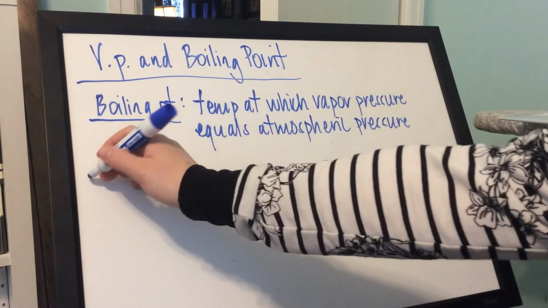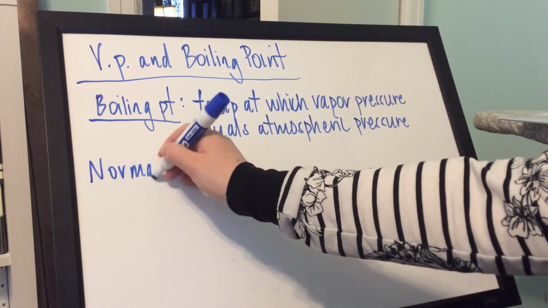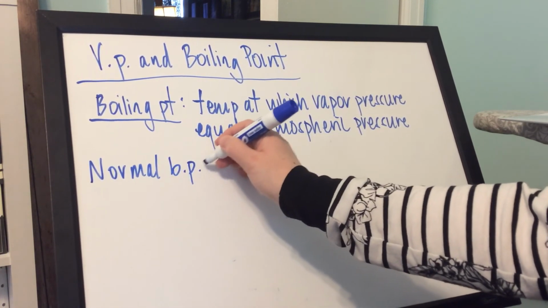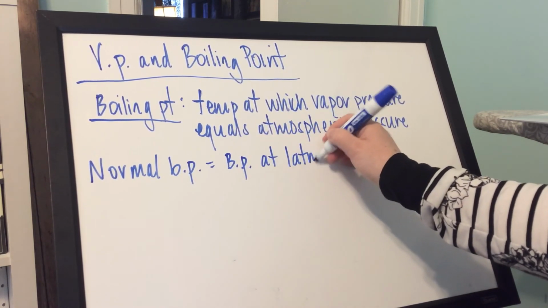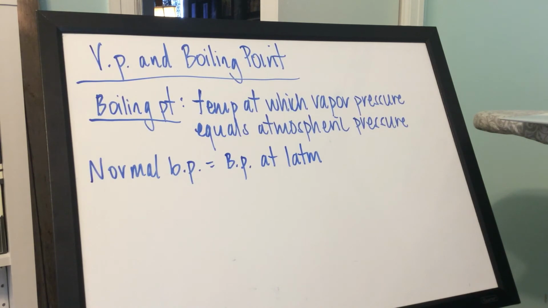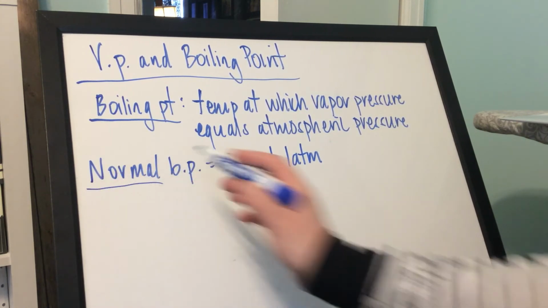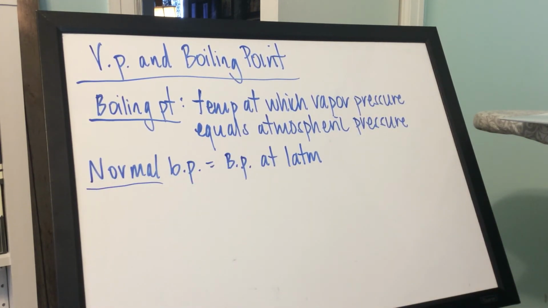So we define something as the normal boiling point, which is the boiling point at 1 atmosphere of pressure, okay? And so the word normal means at 1 atm, and that's, of course, sea level. And so we talk about the normal boiling point of H2O being 100 degrees Celsius because water boils at 100 degrees Celsius if the atmospheric pressure is 1 atm.